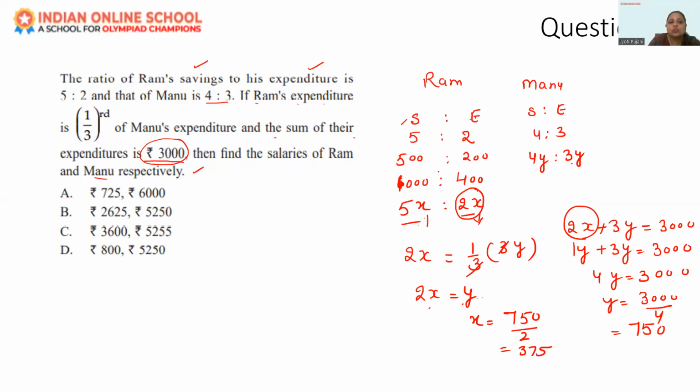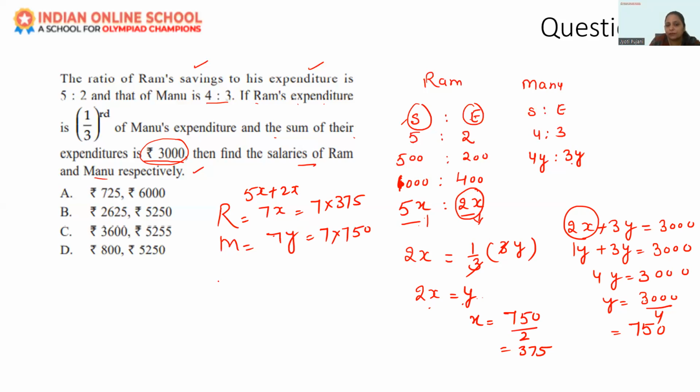Now they are asking for salaries. Salaries include savings and expenditures, so you will add them. Ram's salary is 5x plus 2x, that means 7x, and Manu's salary is 4 plus 3, 7y. So I multiply 7 with the value of x, that's 375, and 7 with the value of y, that's 750.